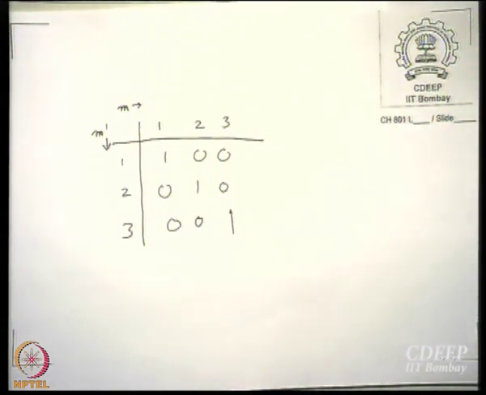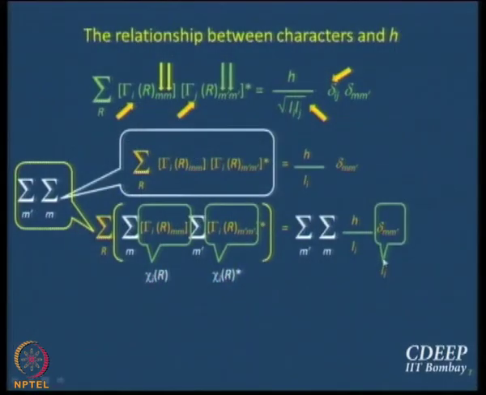So now if I add everything up, 1 plus 0 plus 0 plus 0 plus 1 plus 0 plus 0 plus 0 plus 1, that is 3, right? So if I did that for Li equal to 5, what would the answer be? 5. For Li equal to 283, without getting carried away too much, the answer is Li.